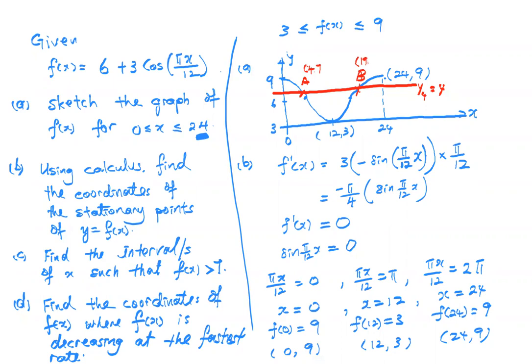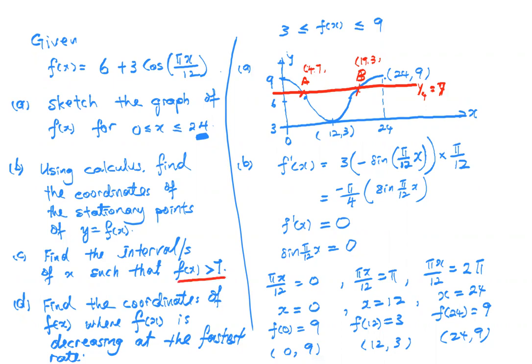19.3. Okay. 4.7, 19.3. So between 0 and 4.7, it is greater than 7. Am I right? Correct? And between 19.3 and 24, the blue graph is above the red graph, correct?